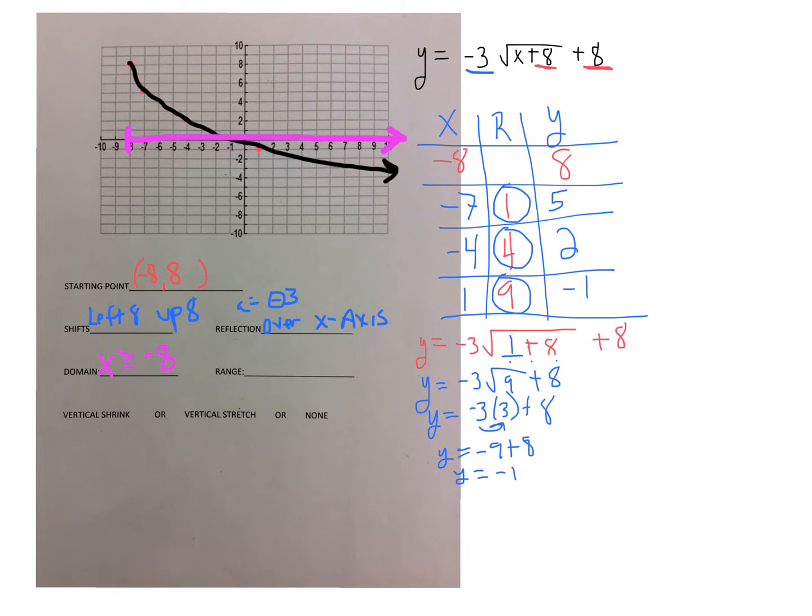Now my y values, they start at positive 8 and they're moving down. So our y's are going to be less than or equal to positive 8. Now shrink, stretch, or neither. Absolute value of negative 3 is 3. I compare that to 1. 3 is still greater than 1, so this is also a stretch. And there we have it.